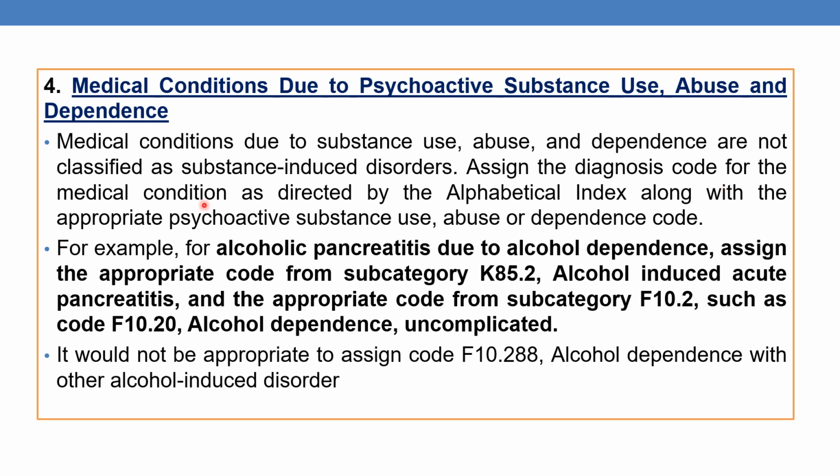Assign the diagnosis code for the medical condition as directed by the alphabetic index along with the appropriate psychoactive substance use, abuse or dependence code. Let us see an example. For alcoholic pancreatitis, this is a medical condition. Pancreatitis is a medical condition. For alcoholic pancreatitis due to alcohol dependence, assign the appropriate code from the category K85.2, alcohol-induced acute pancreatitis, and the appropriate code from F10.20, alcohol dependence uncomplicated.